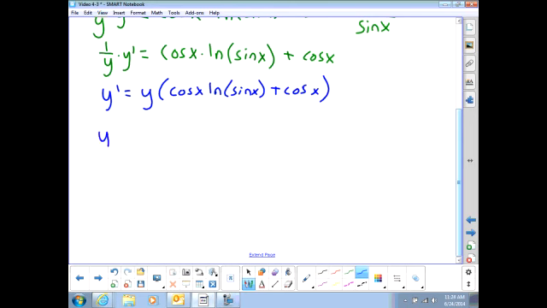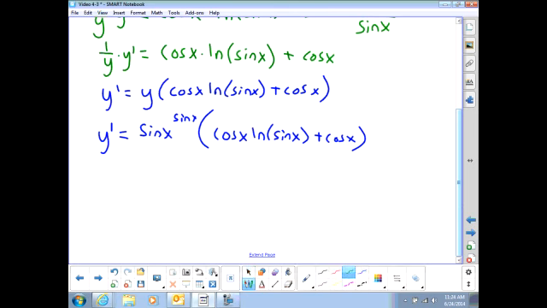And the part you don't want to forget at the end, replace y with what it was equal to in the beginning. So we have sine x raised to the sine x, and then our whole part in parentheses. And that is our derivative, which we again found by using logarithmic differentiation.